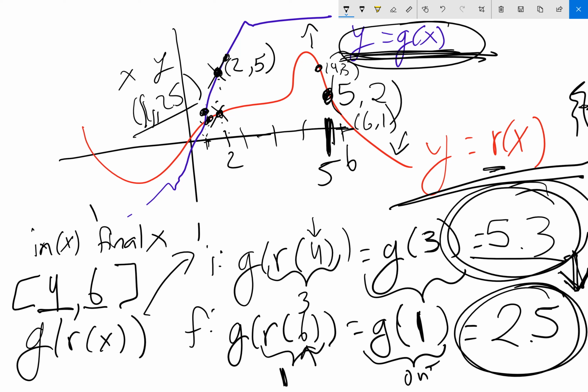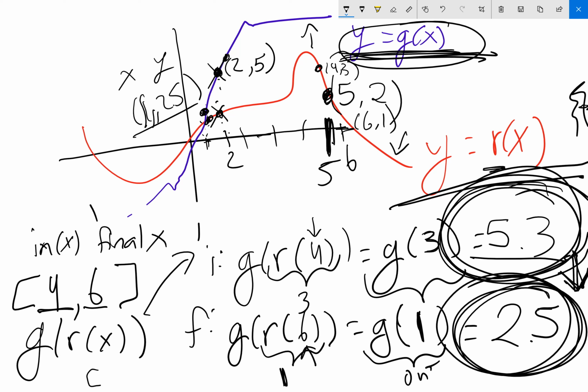So decreases from initial 5.3 to final 2.5. Okay? And that's going to be the same for -2 to -3. Same approach, different answers, right? So find g of r of -2, find g of r of -3, just figure out if it goes up or down, and then just plug in those numbers in the blanks.